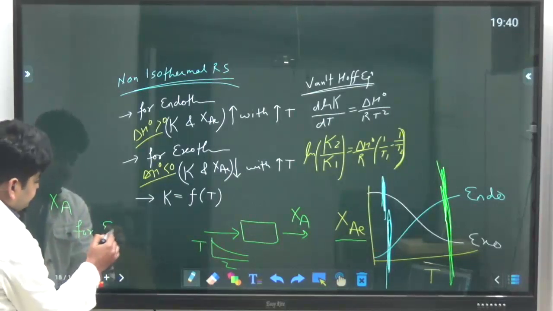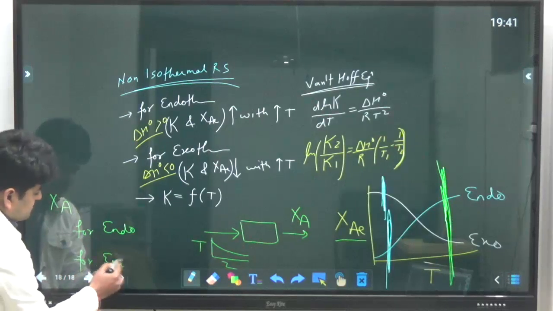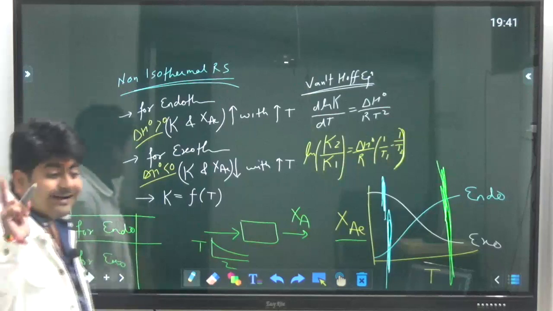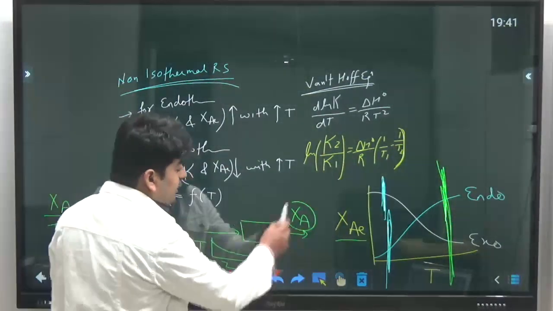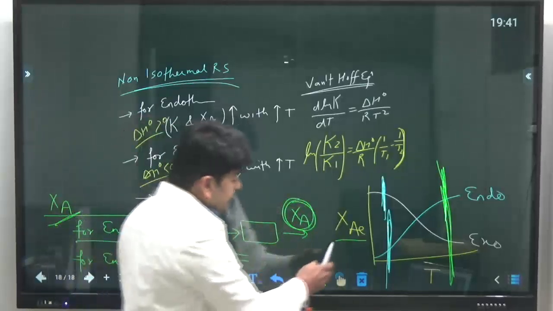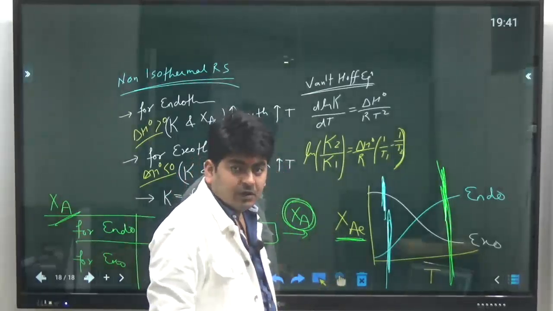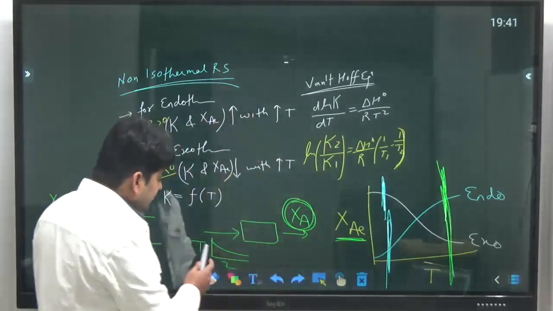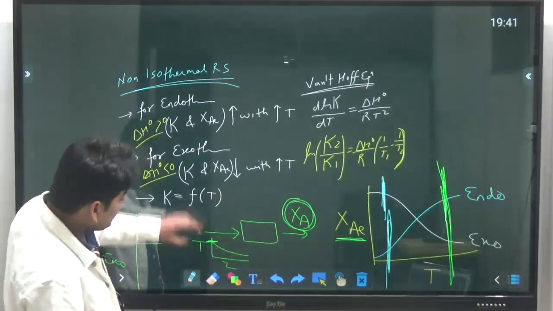Let's say for endothermic reaction, and for exothermic reaction. Okay. So understand this XA here is the overall conversion, and XAE, equilibrium conversion, is the state value, point value. Okay, this is the point conversion. Means, like if you see at the inlet, we have higher temperature.